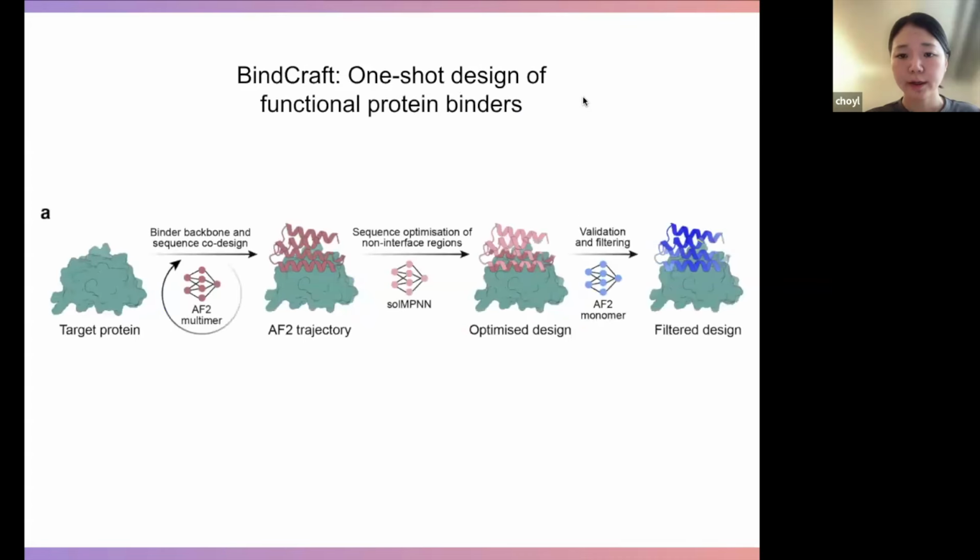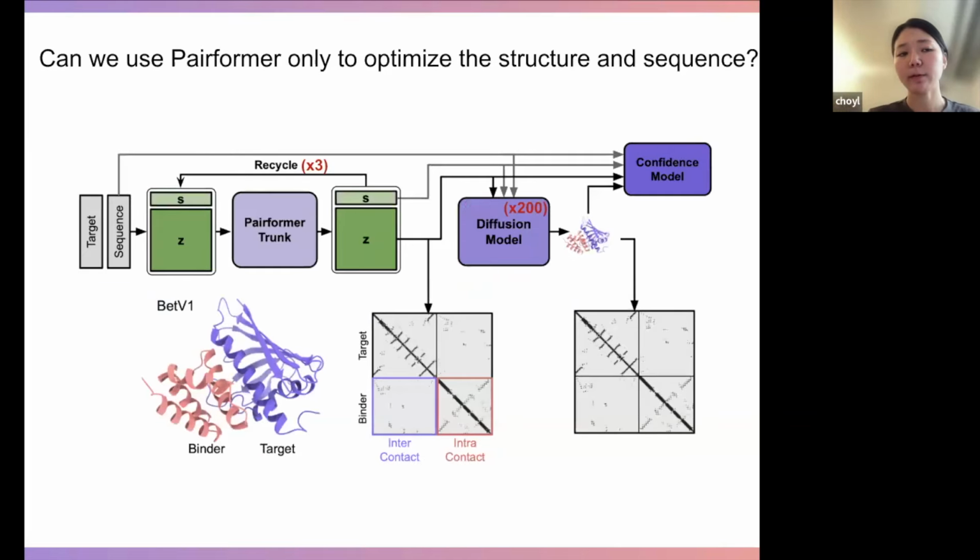Yep. So this is the background about the previous method. And I think the design is very similar to the BindCraft method, and we actually repurposed this method for all-atom protein generation. After this method came out last year in the fall, lots of AlphaFold 3-like models came out, and now those models can do all-atom protein structure and sequence modeling.